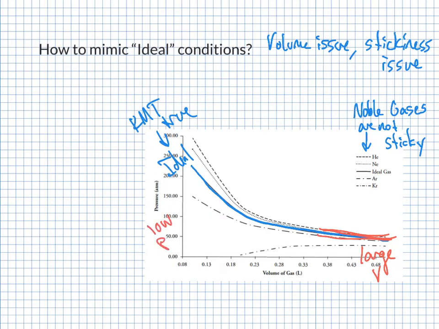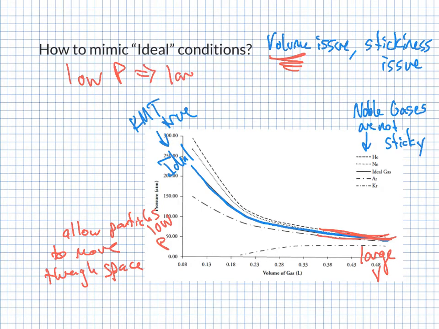That should make sense because a low pressure allows the particles to move through space, so they're kind of negating this volume issue. One way to mimic ideal conditions is to have a low pressure, because a low pressure will lead to a large volume. That's super important.